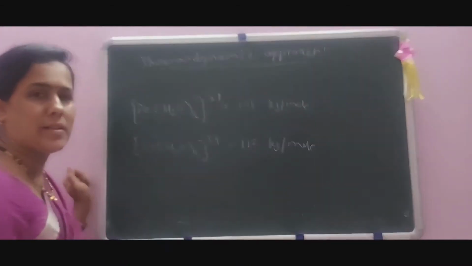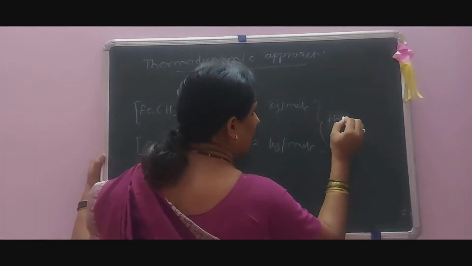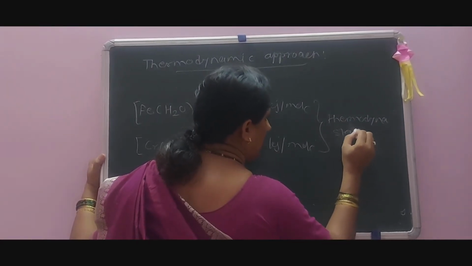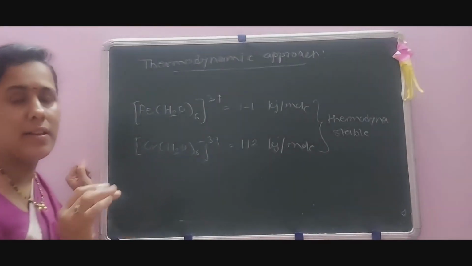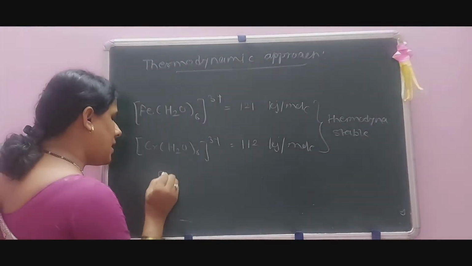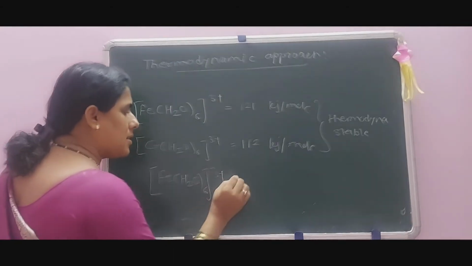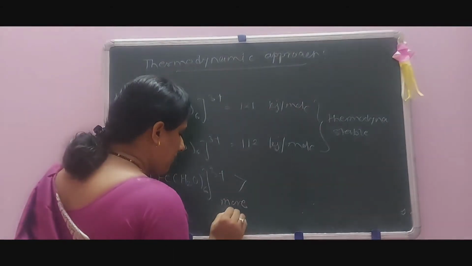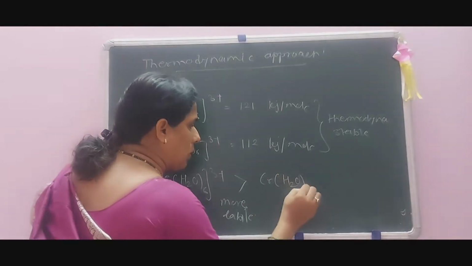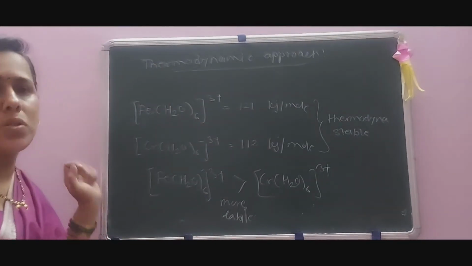Now out of these two complexes, these complexes are thermodynamically stable ones. But as far as inertness and labileness are considered, Fe(H2O)6 3+ is more labile than Cr(H2O)6 3+, due to this dissociation constant.